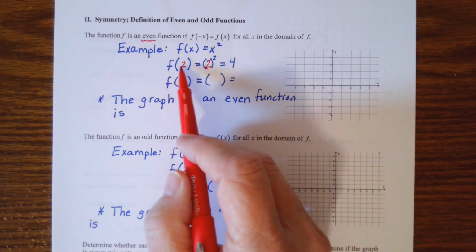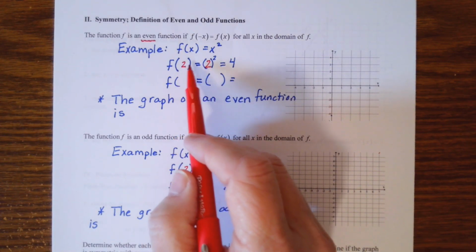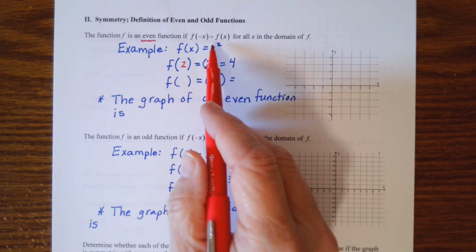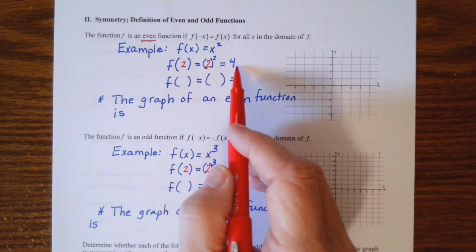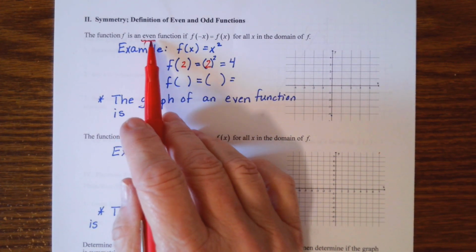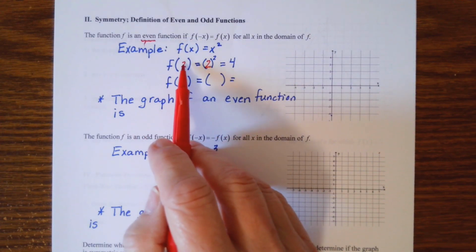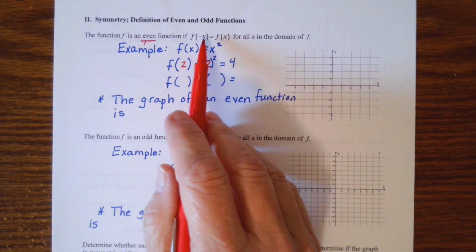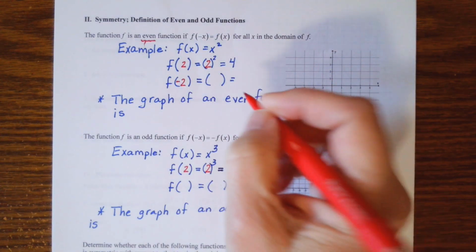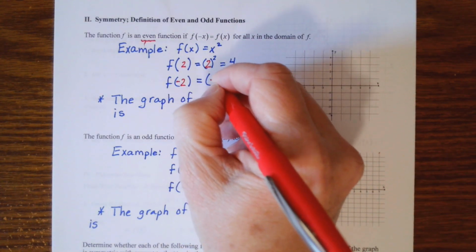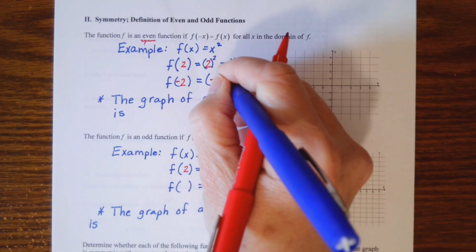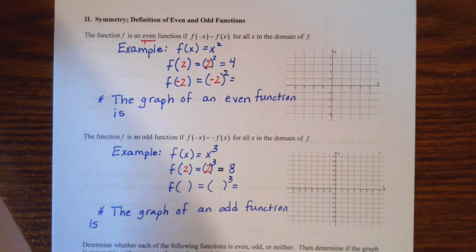So what we're going to do is put in an x value. f of 2 equals, replace x with 2, 2 squared is equal to 4. To figure out if it's an even function, we need to replace our x with a negative x. So let's put in negative 2, and then we need to square it and see what the outcome is.